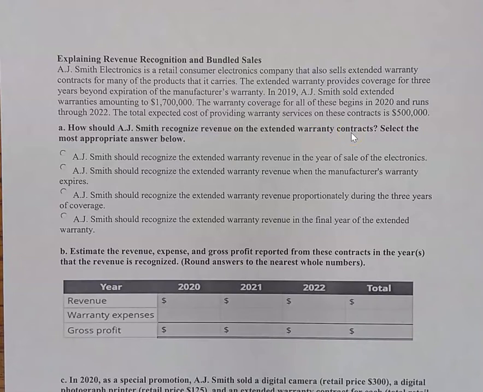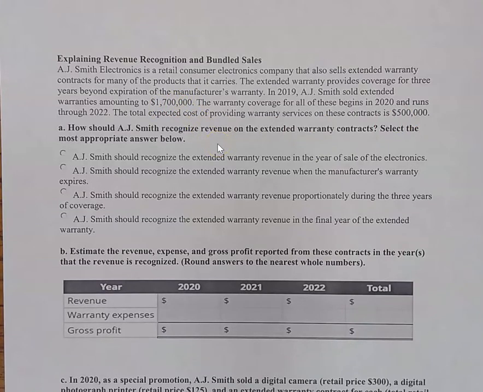Okay, so we have $1.7 million here of revenue. This is a little bit tricky because we would set up a liability for the full $500,000 here, but we have to do this revenue a little bit differently.